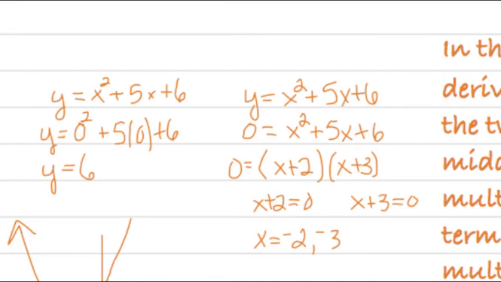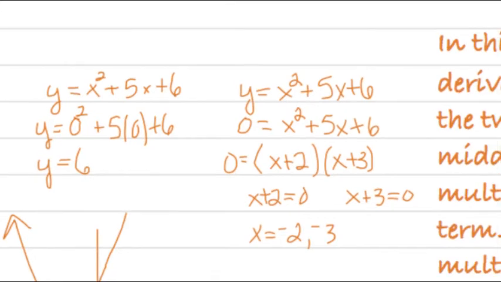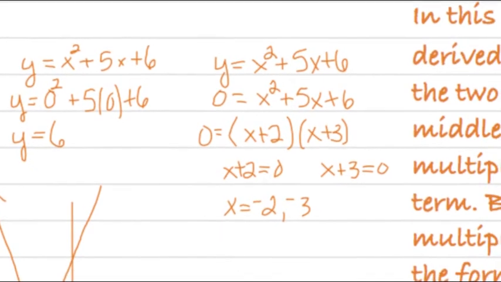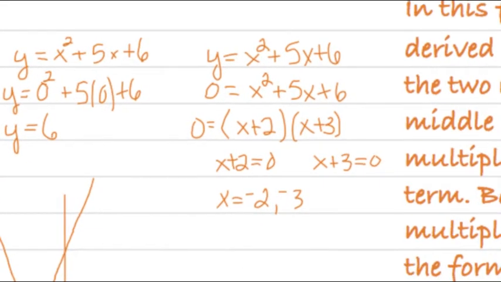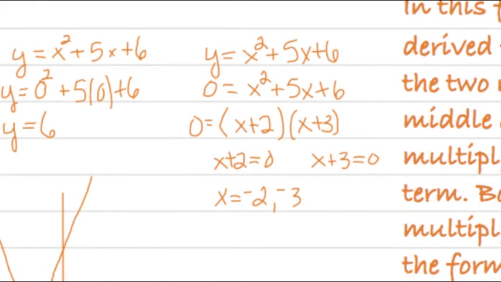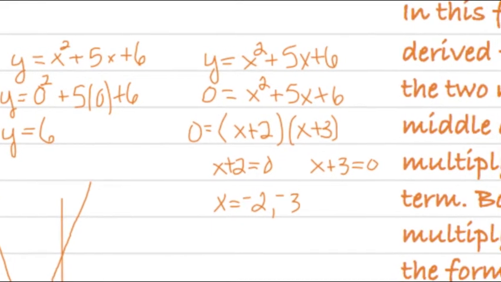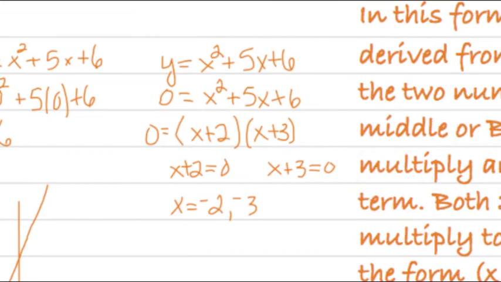Alright, FOIL would have already been covered, however we're not covering it in this video. FOIL is first, outer, inner, last, but this is the opposite operation where we're finding the factors of this quadratic. So we have x plus 2 times x plus 3 is equal to 0.